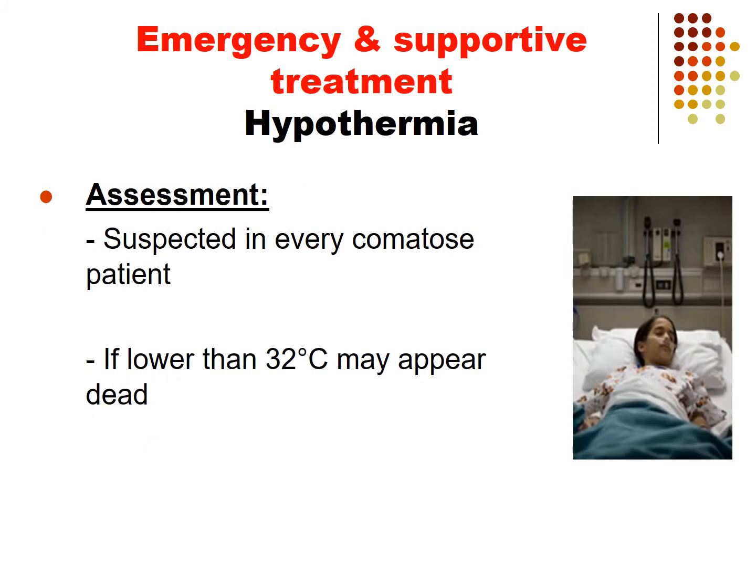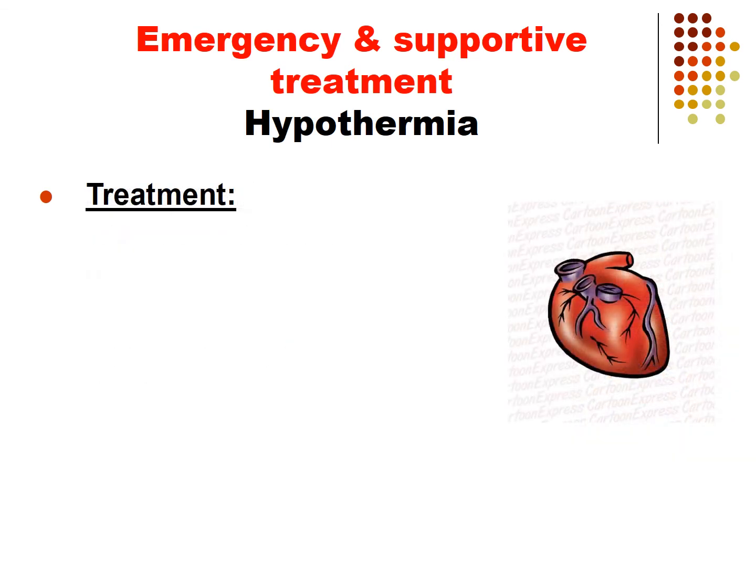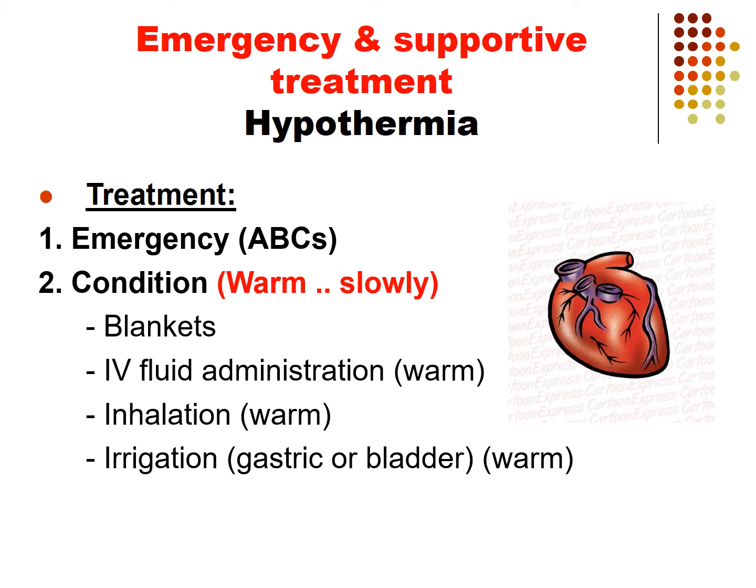A person in severe hypothermia with temperature below 32 degrees centigrade may appear dead. Don't declare death except after careful examination. To deal with hypothermia, as usual, deal with any emergency first, then deal with the condition.